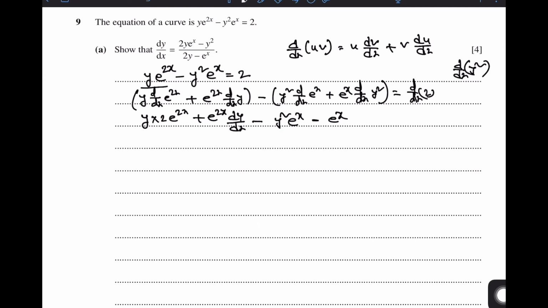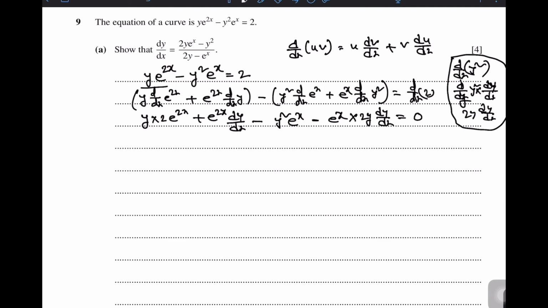So d dx, we can write it as dy dx: 2y dy dx equals 0.